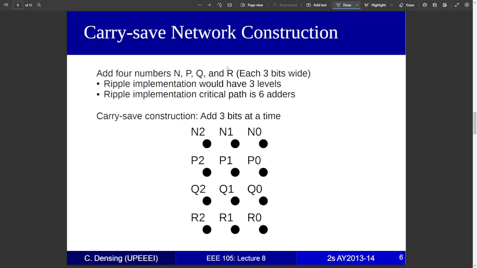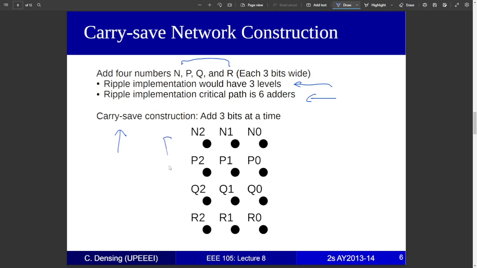For example, our problem is we have to add 4 numbers, 4 3-bit numbers, N, P, Q, and R. The ripple implementation will have 3 levels, and the critical path would be 6 adders if we chose a ripple carry implementation. But instead, you can have a carry save adder network, where you add 3 bits at a time.